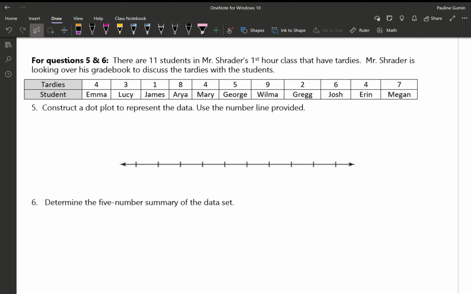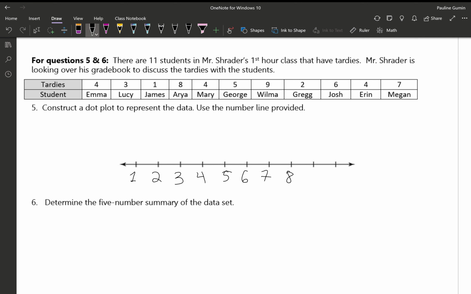So what I'm going to do is go through this and make some dots. Now I'm going to find my smallest number. It looks like it's 1. And then I'm just going to continue my number line. Okay, so it looks like my number line ends, what did I miss? I skipped 6. My number line should end at 10. 6, I'm sorry, 6.